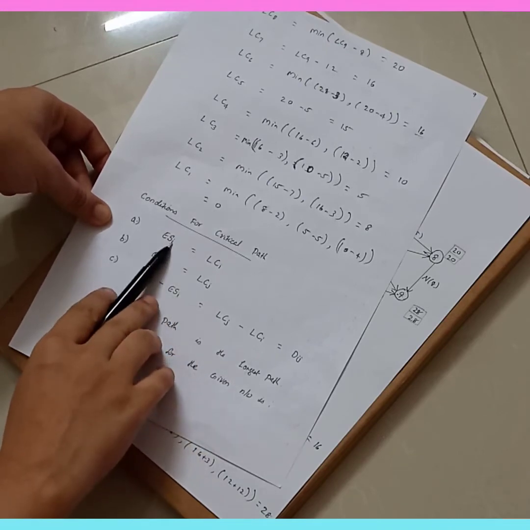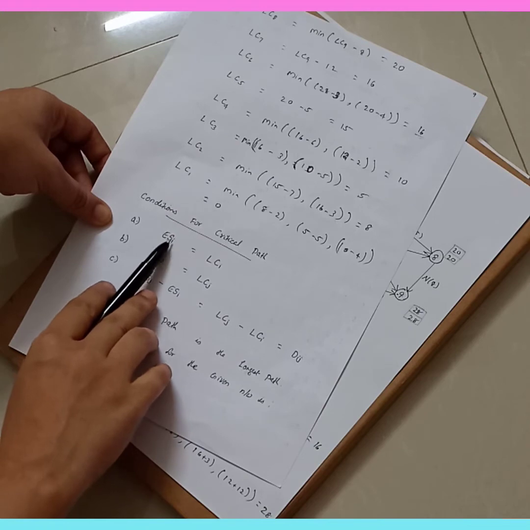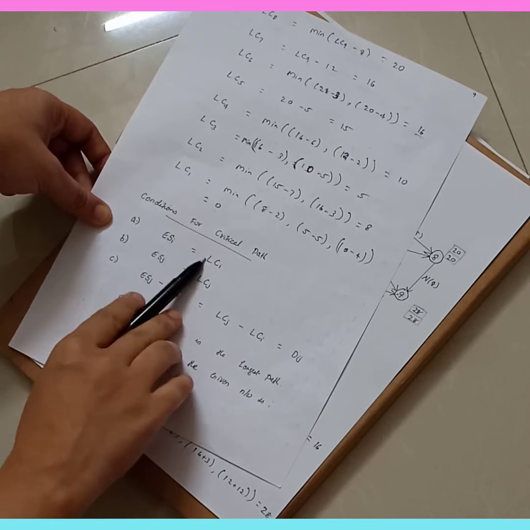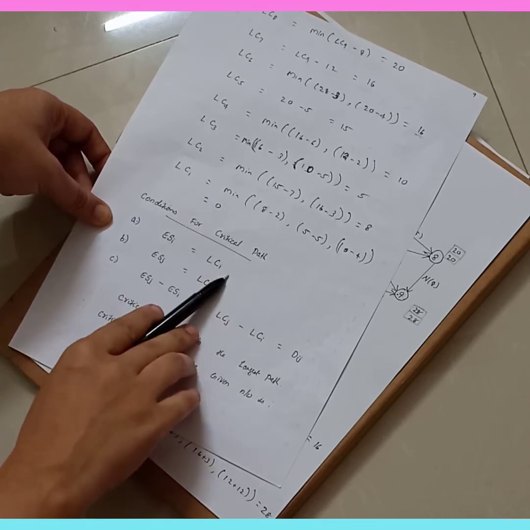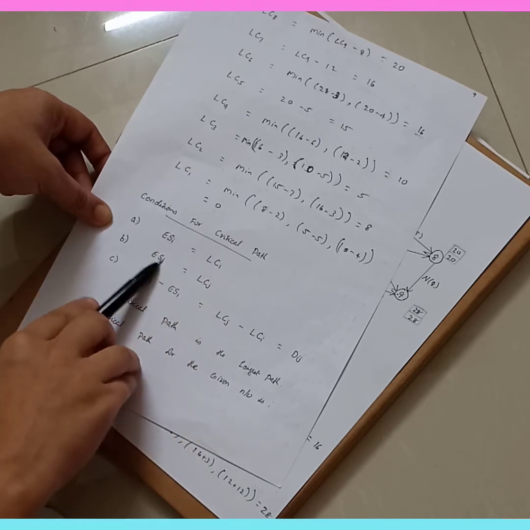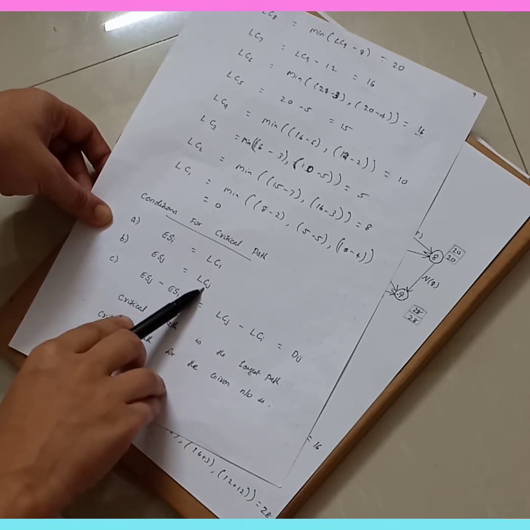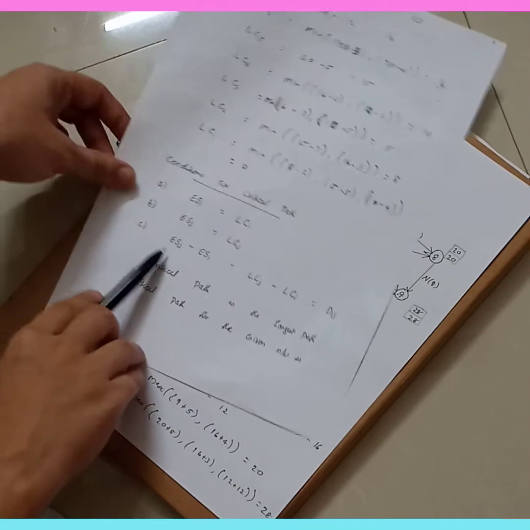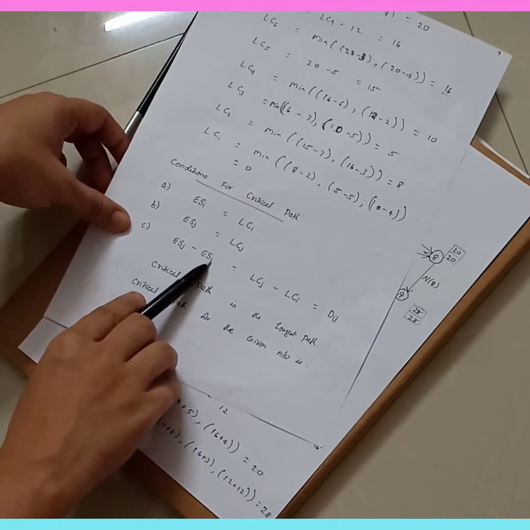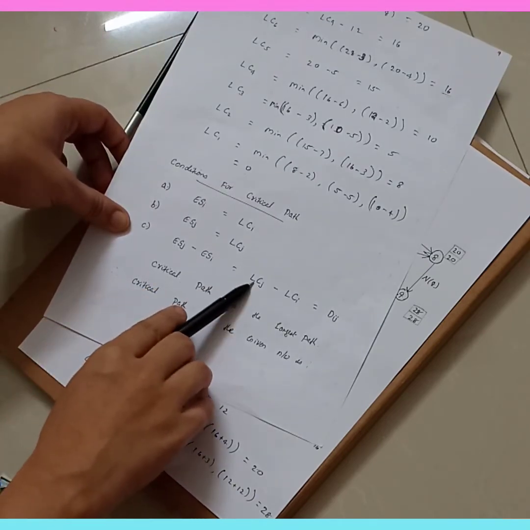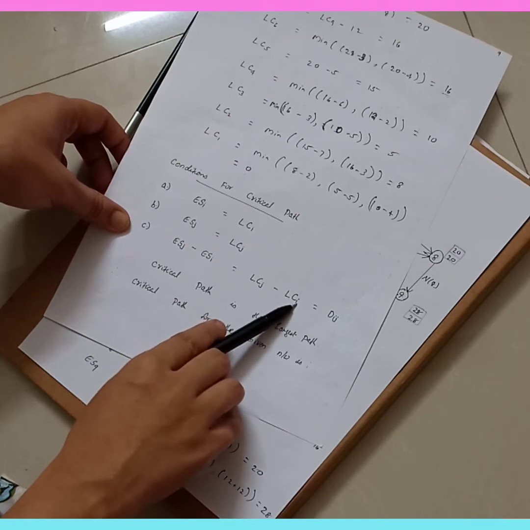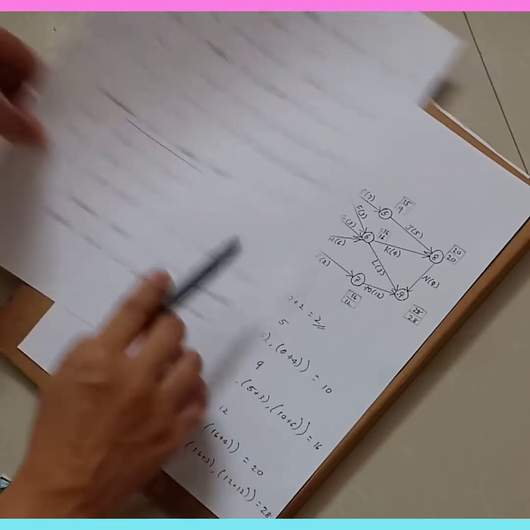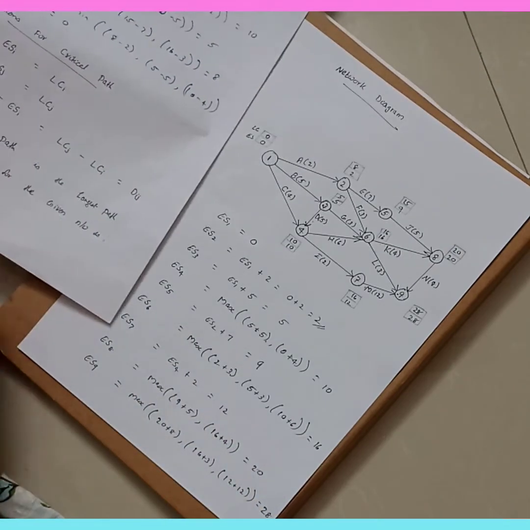That is, the early start time of the starting node and the latest completion of the starting node should be the same. The early start time of the ending node and the latest completion time of the ending node should be the same. Then ESJ minus ESI is equal to LCJ minus LCI, which is equal to the duration.